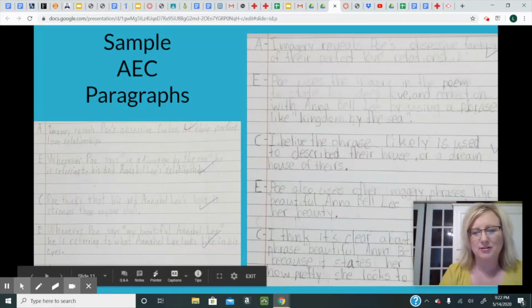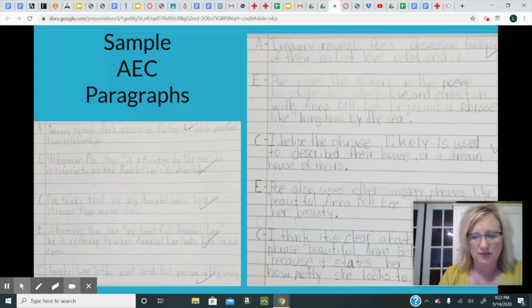Now, in our last lesson, in the last section of the lesson, after they had done the annotation of Annabelle Lee, they were asked to identify some good topic sentences. And there was a place for them to practice writing a good topic sentence. It might be good for them to work in their small groups or pairs, or maybe have all of them brainstorm.